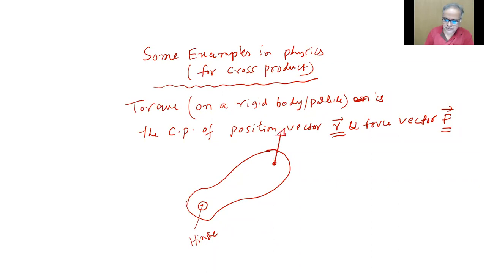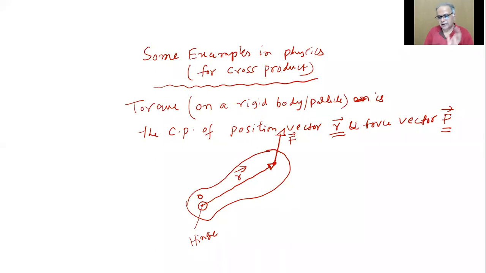This is a force. And this is the position vector. That is the origin through which some axis passes to the point where you apply the force. This is the point of application of force. So that is what we call the position vector. This is a force vector.